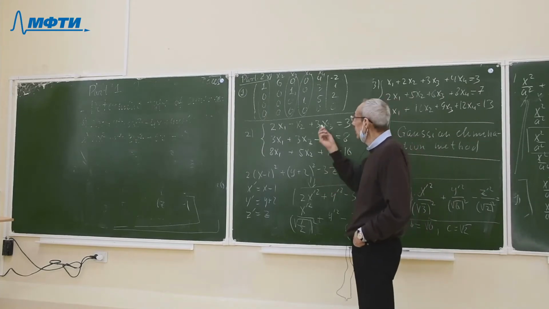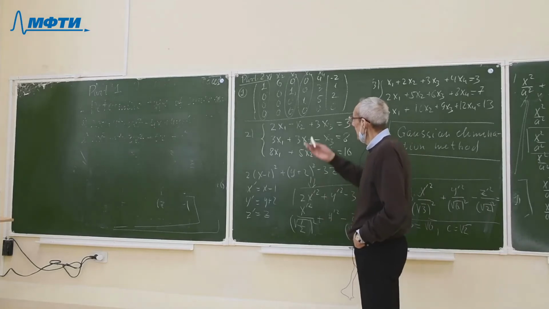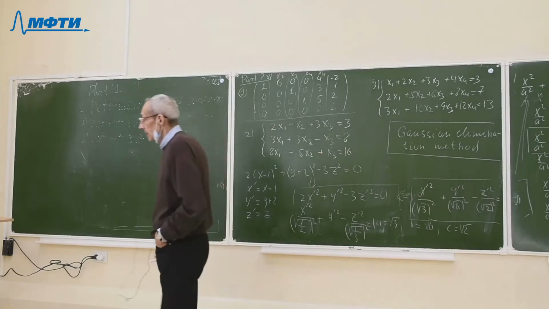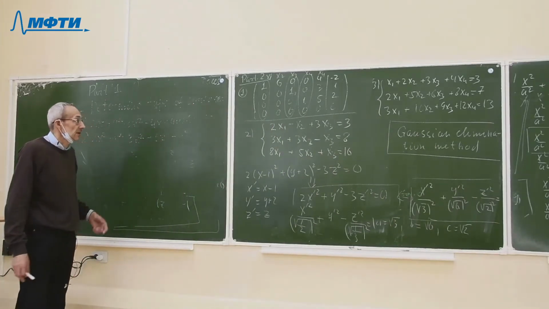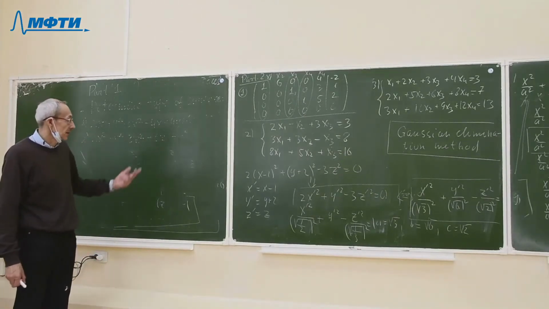Reduced row echelon form is equivalent to the solution. This matrix is exactly a solution of the system. The solution coincides with this matrix.